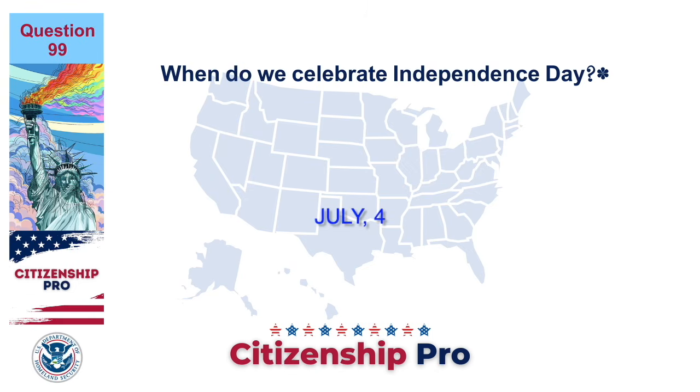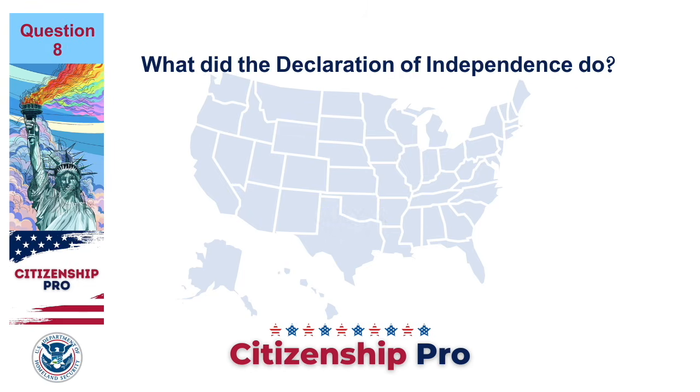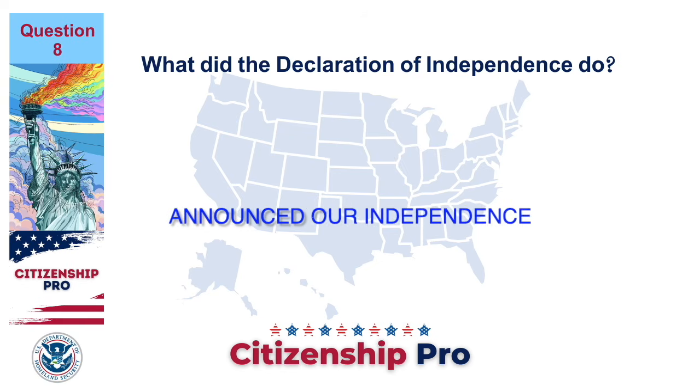July 4th. What did the Declaration of Independence do? Announced our independence from Great Britain.